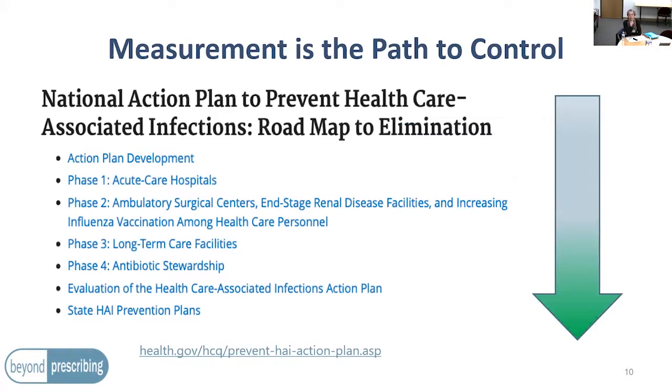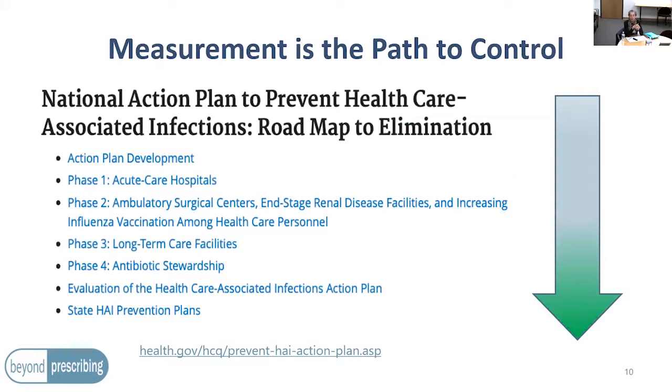Phase 3, it moved into long-term care facilities, collecting data on things like C. diff. And then phase 4 is antibiotic stewardship. The first phase of data collection with antibiotic stewardship is how many of the elements is every facility covering.